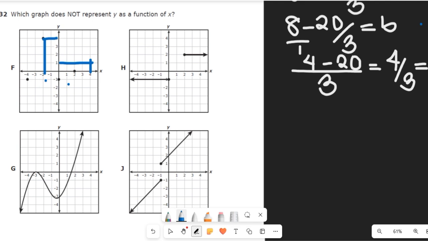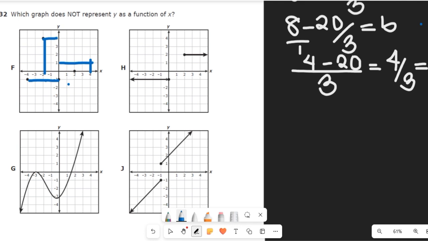For this, we have a value of x, which is minus 4, and a value of y, which is negative 1. So you see, for each point, there is a corresponding value of y. For each input, we have a corresponding value of y as an output. Now let's check the other graph.